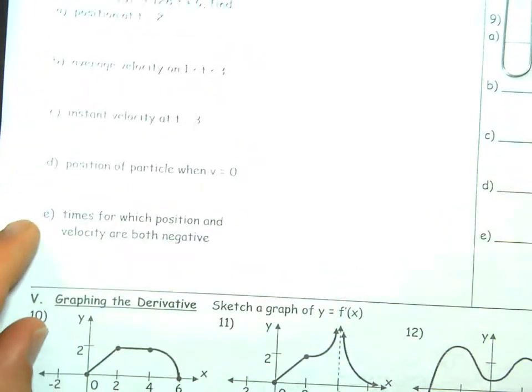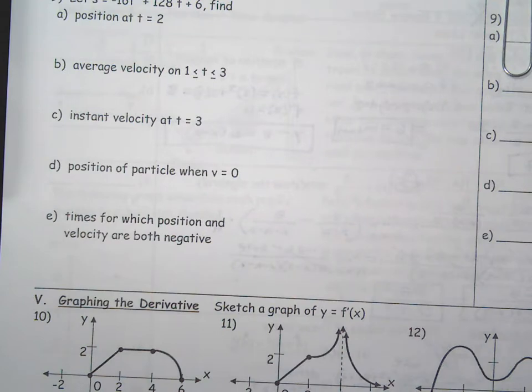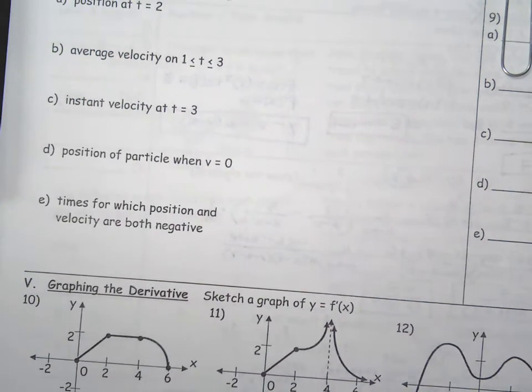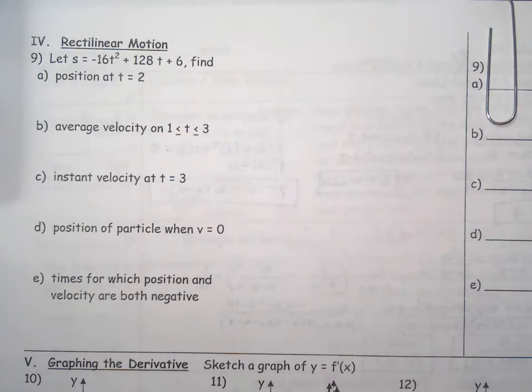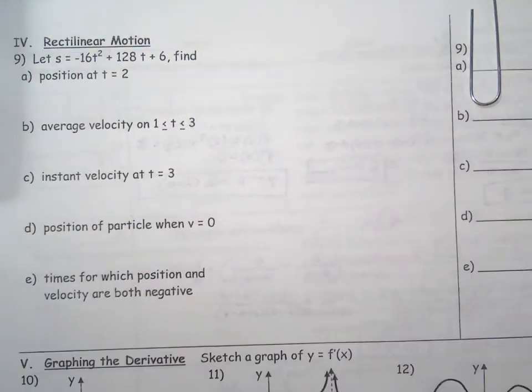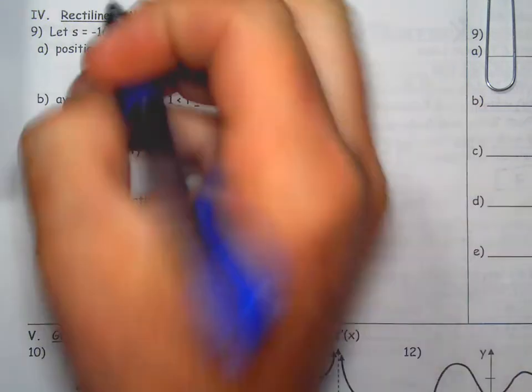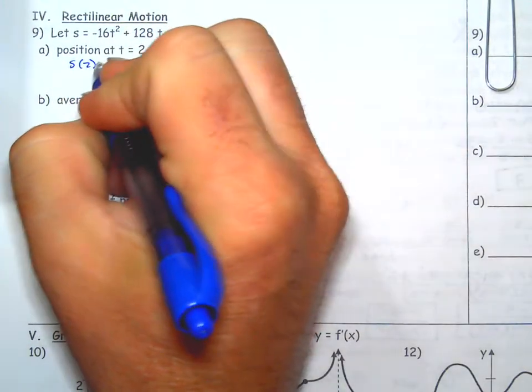Got a little motion problem. You're going to definitely have a problem like this. Multiple questions about one equation. So you've been given a motion equation. Find the position at 2. Well, that would just be plugging 2 into this.